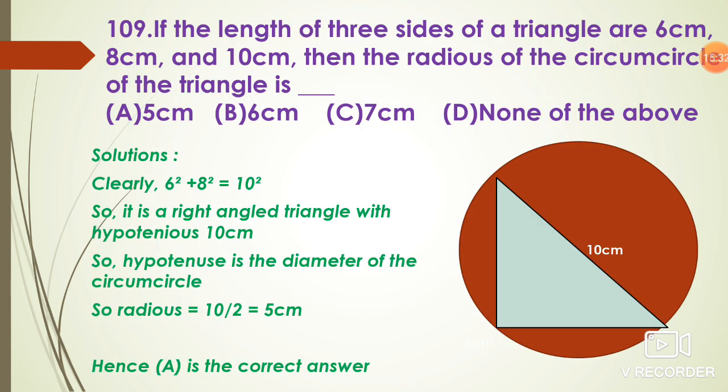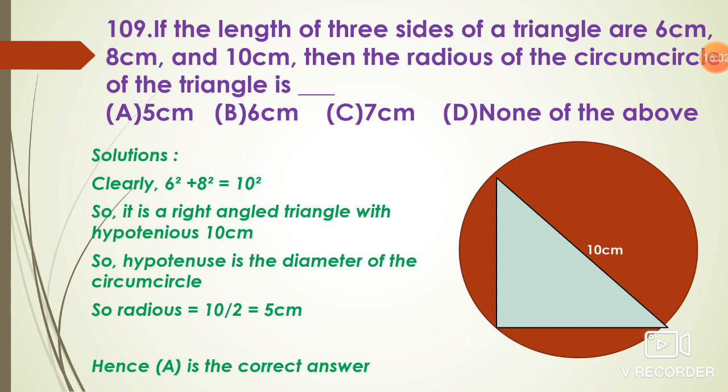Question number 109. If the three sides of a triangle are 6 cm, 8 cm and 10 cm, find the radius of the circumcircle of the triangle. Circumcircle means a circle which touches all the vertices of a triangle. So here we see that 6 square plus 8 square equal to 10 square. So Pythagoras theorem is applicable in this triangle.